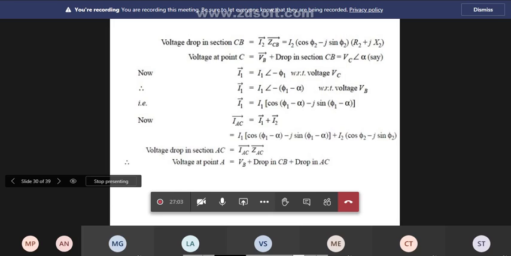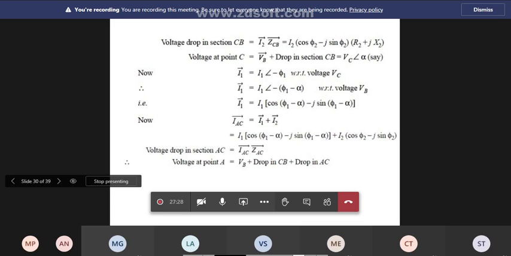I2 has no change. Voltage drop in section CB is similar to the earlier one, so I am putting the final equations directly, because this is also similar. First calculate impedance, then calculate current at each section, then calculate voltage drop in each section.